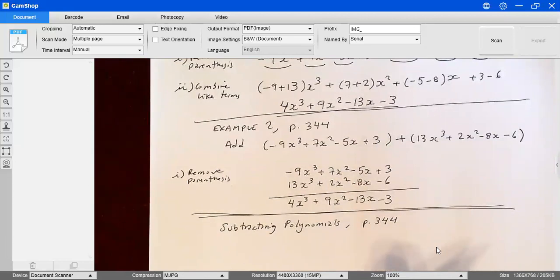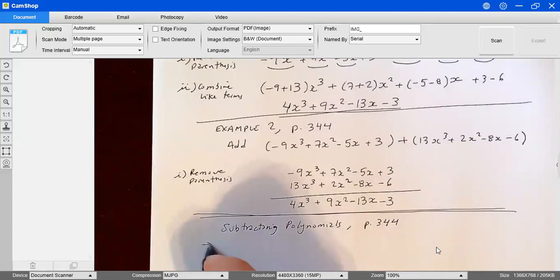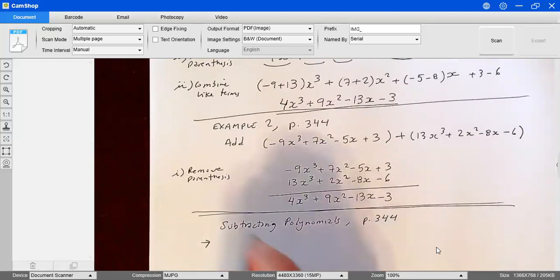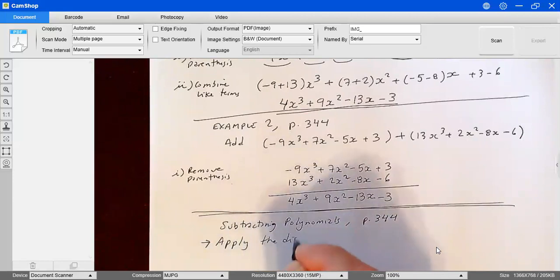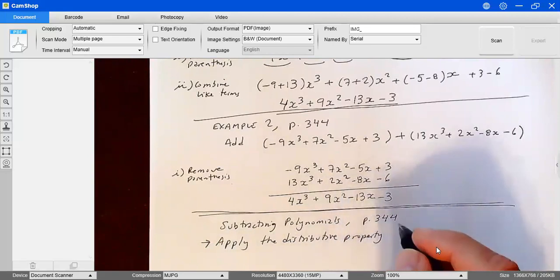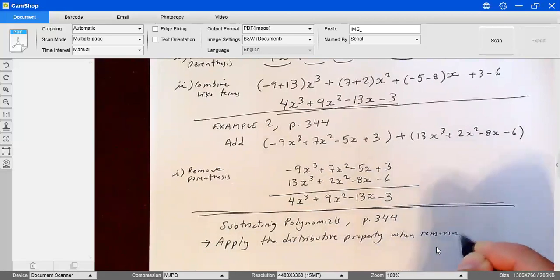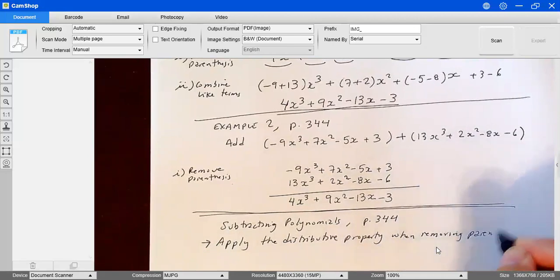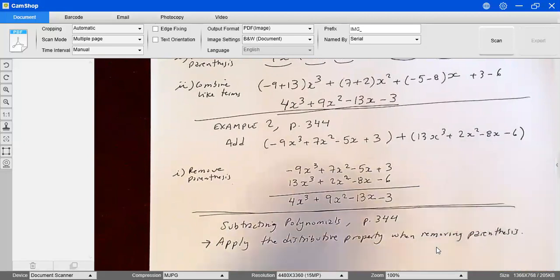The only thing that you're going to do in addition to the previous steps is apply the distributive property when removing parentheses.